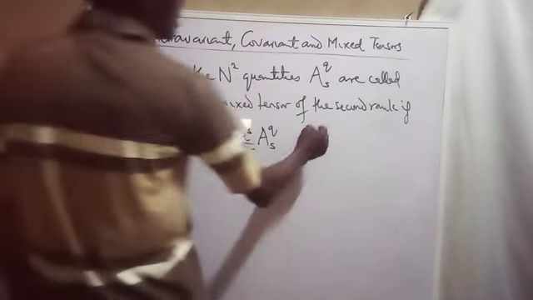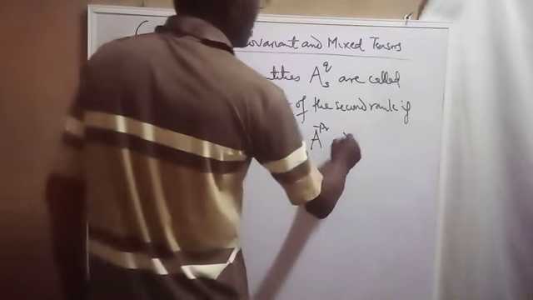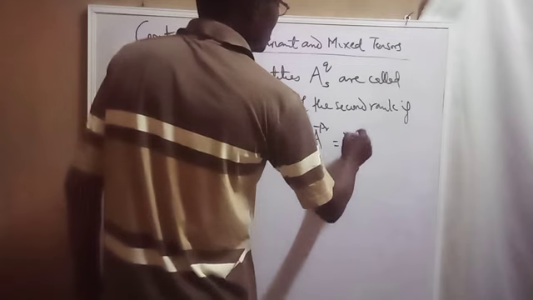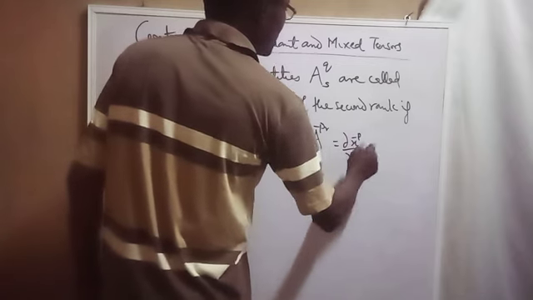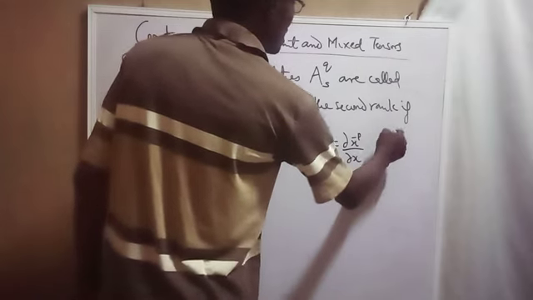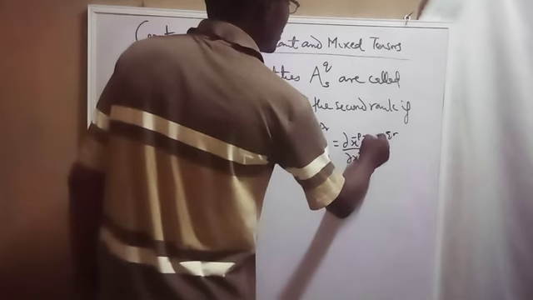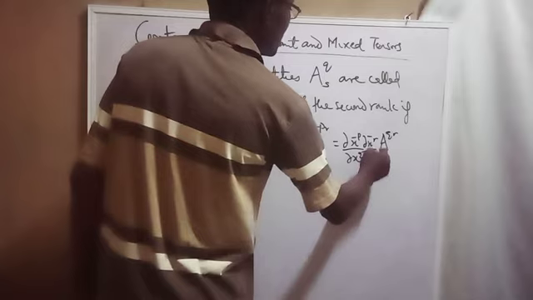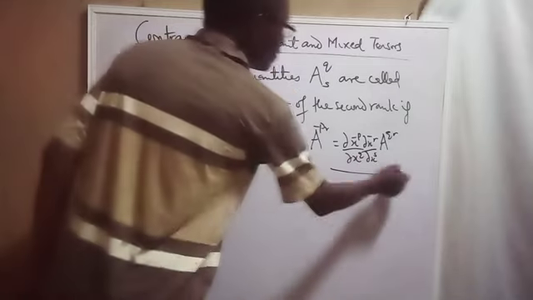How? Remember the A bar PR was dx bar p over dx q, dx bar r over dx s, and that is for the contravariant.